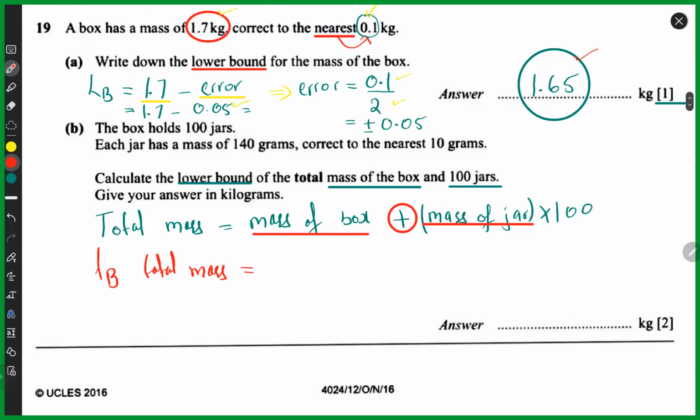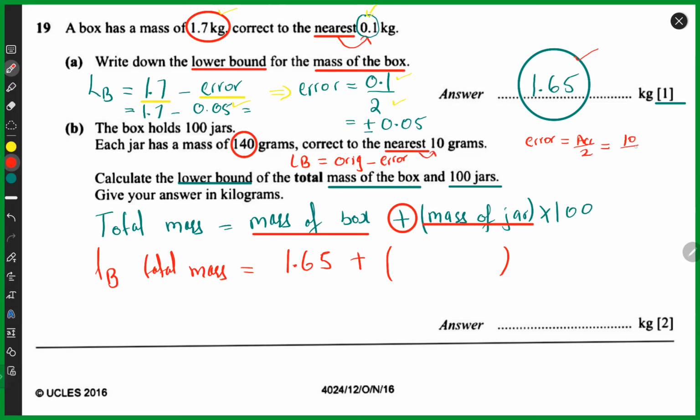1.65 was the lower bound of mass of box. So 1.65 would come as it is, and now I need the lower bound of mass of jar. So it was 140 grams. For lower bound, we do original minus error. Let's find out the error for this case. Error is accuracy divided by 2. And what is accuracy? Accuracy comes after the word nearest. It's 10.